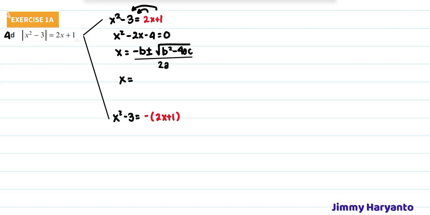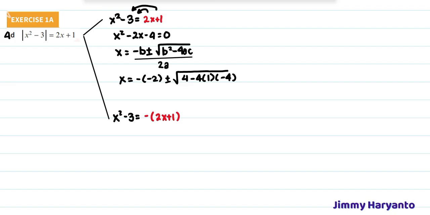You just have to input the values, like negative 2 plus minus square root of b square, which is 4, minus 4 times a is 1, c is negative 4, over 2 times a.